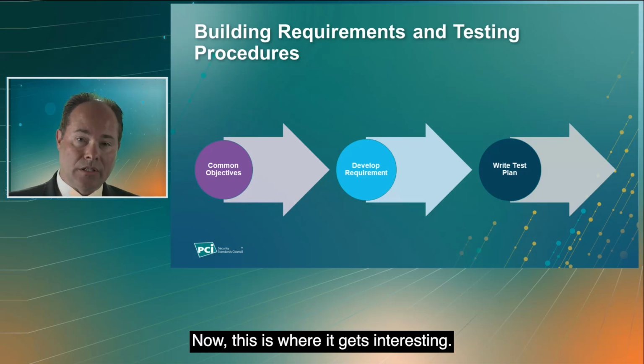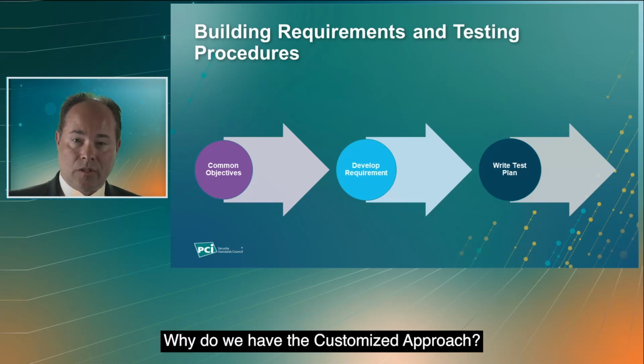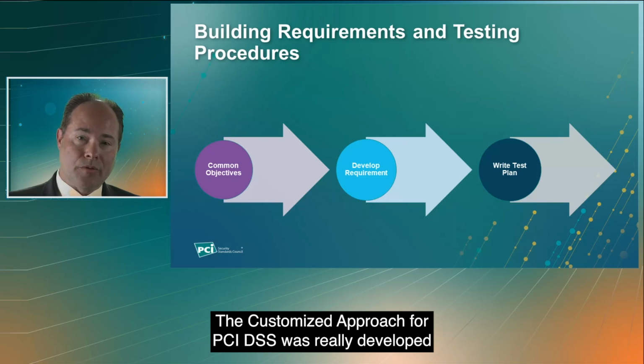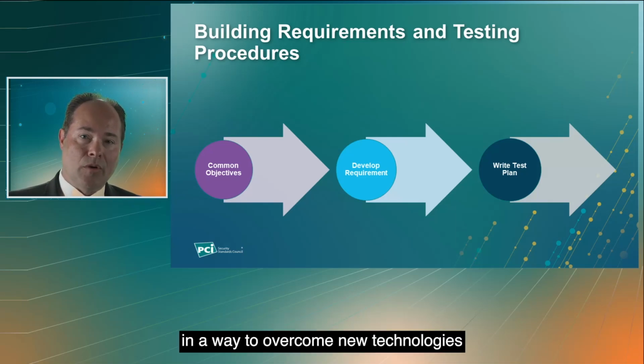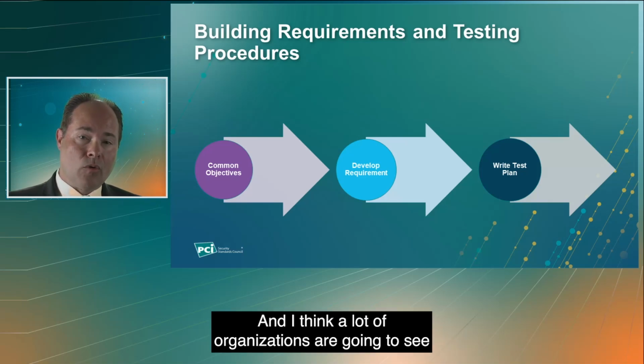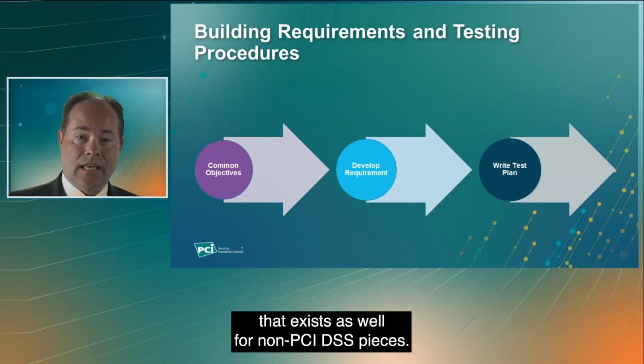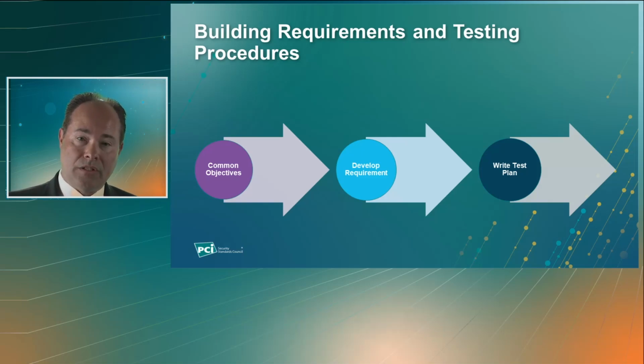Now, this is where it gets interesting. Why do we have the customized approach? The customized approach for PCI DSS was really developed in a way to overcome new technologies that couldn't follow the defined approach. And I think a lot of organizations are going to see that exist for non-PCI DSS pieces as well.